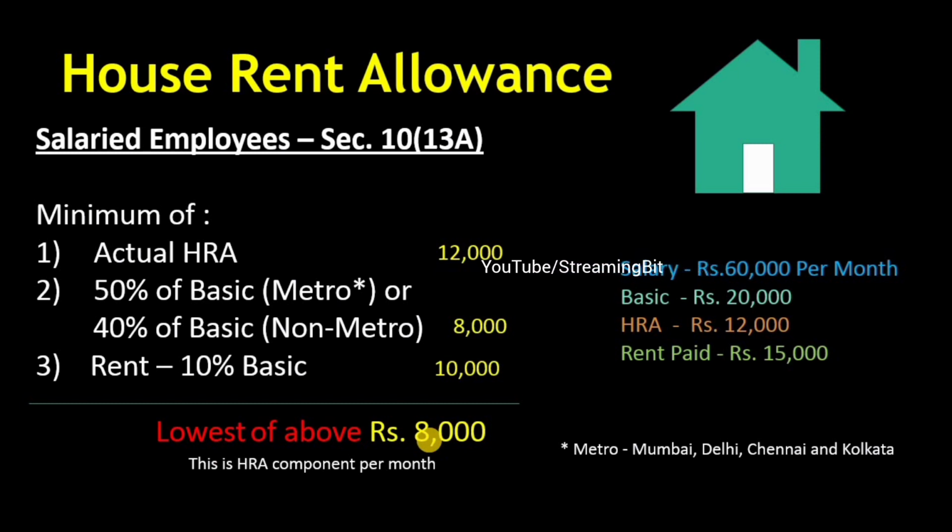So that individual can claim up to 96,000 in his or her income tax deduction as HRA. So we'll log into the Income Tax of India website. I'll also provide you the link to this website so you can calculate yourself how much HRA component you are entitled to claim.